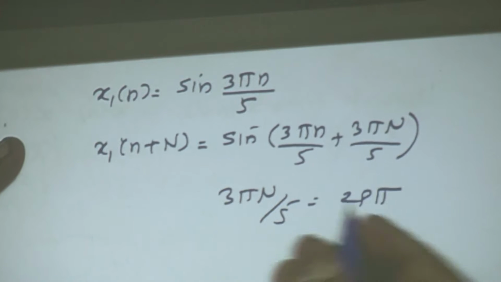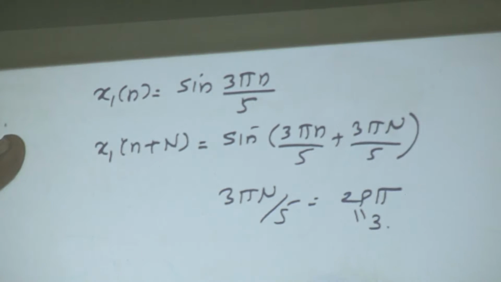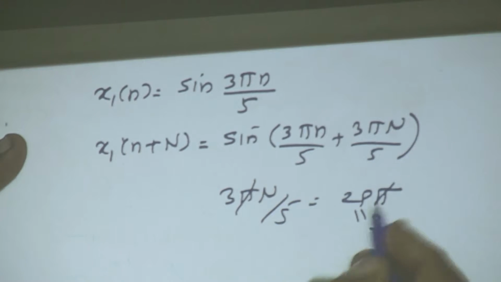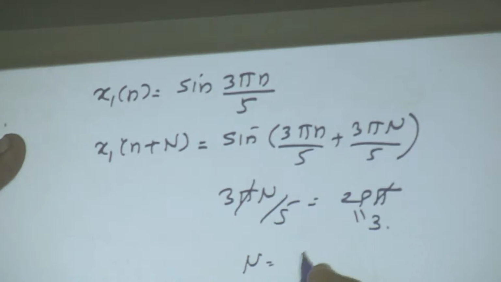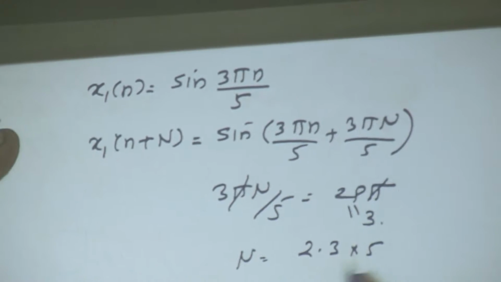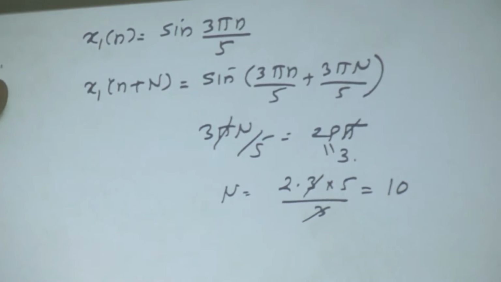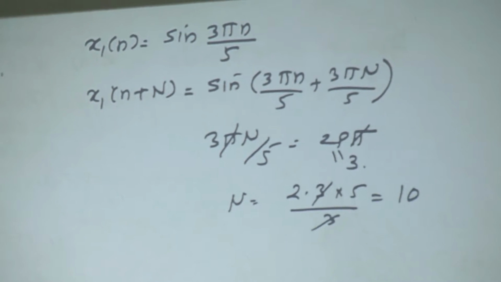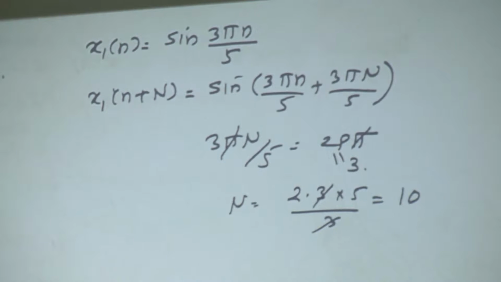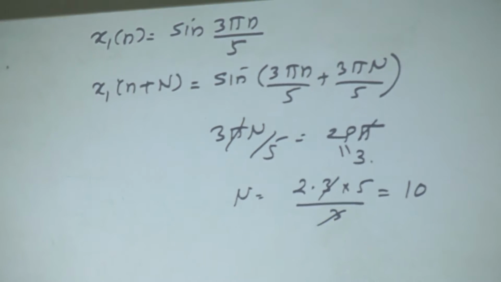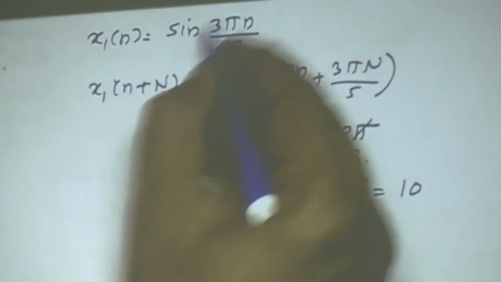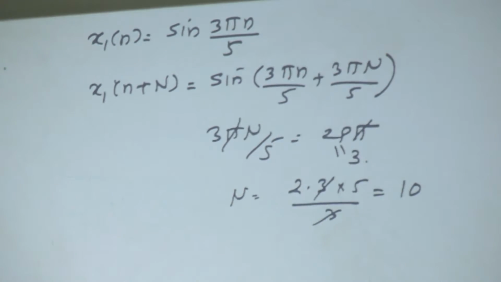That is why p must be equal to 3 and k is already taken as 1. So pi gets cancelled and you get n equal to 2 multiplied by 3 multiplied by 5 divided by 3. So it becomes 10. If it is not clear, let's find out the values of sine 3 pi by 5.